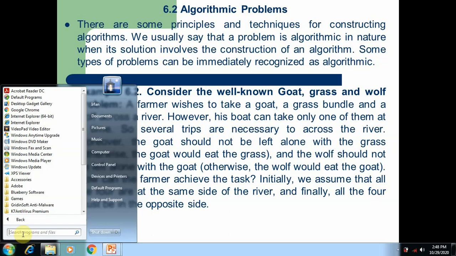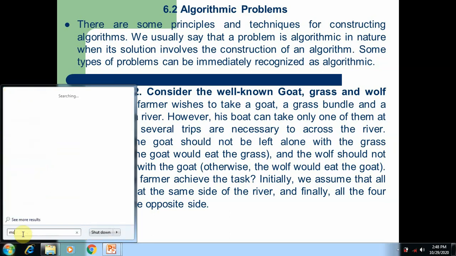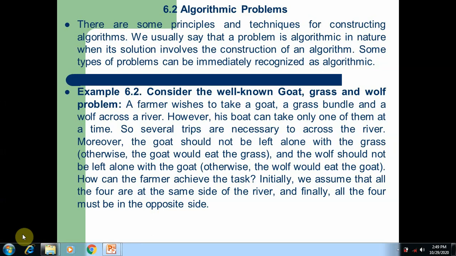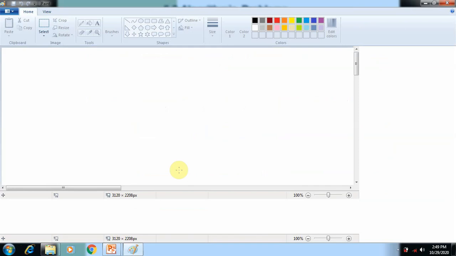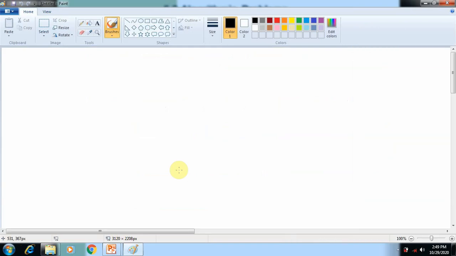Now I'm going to use MS Paint software to explain this problem, the goat, grass, wolf problem. Consider there was a river. In every river, we know there are two sides.